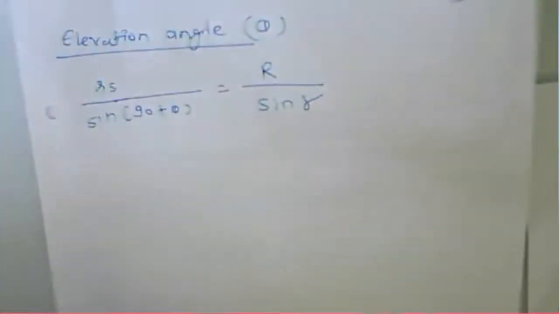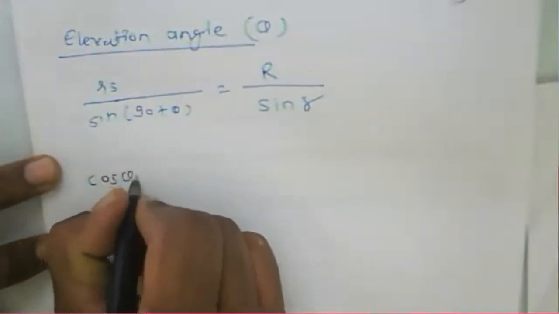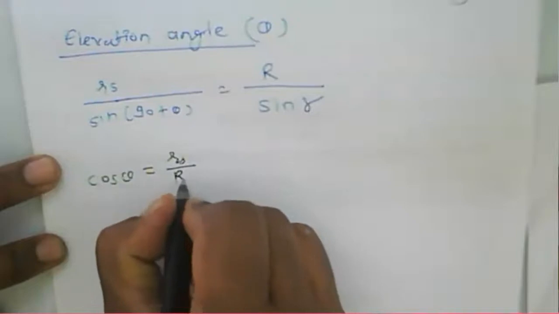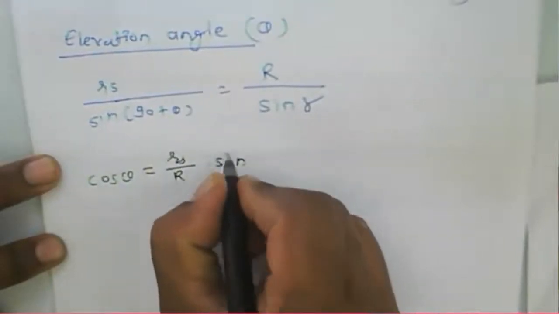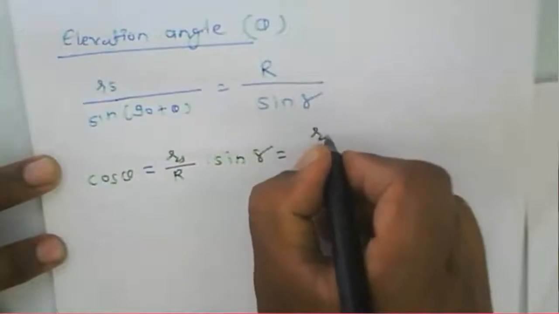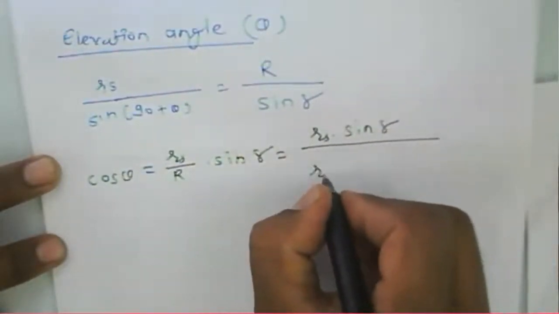Or we can calculate from this particular equation, cos of theta is equal to Rs by R sine of gamma.